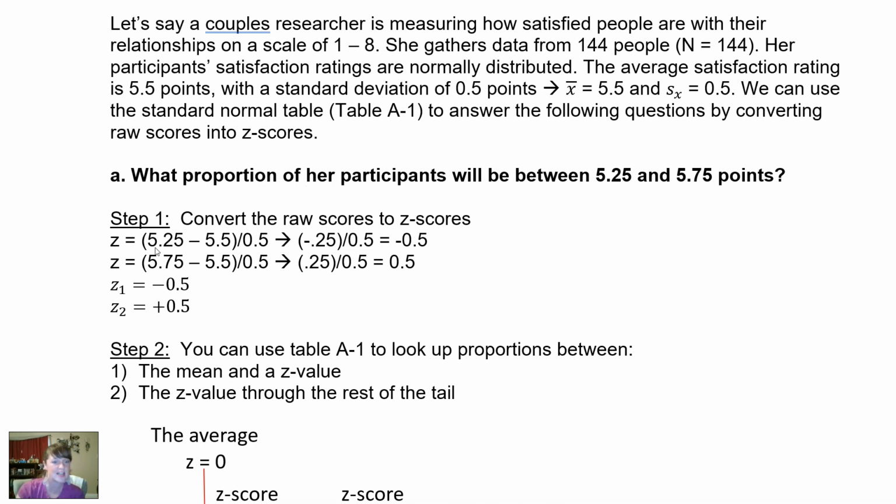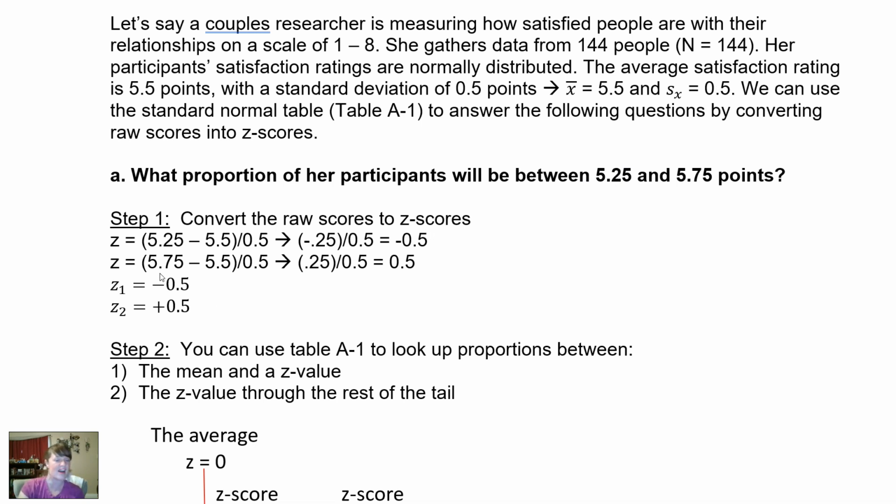So first I take the raw score, subtract the average, divide by the standard deviation to arrive at a Z score of negative 0.5. This raw score of 5.25 is half a standard deviation below average. And if we look, the standard deviation is 0.5, so a quarter of a point is in fact half a standard deviation, a half of one of these below average.